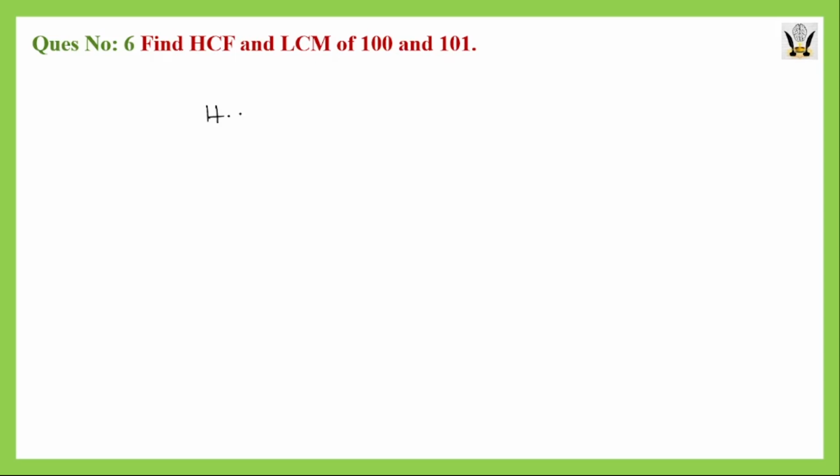So the HCF of these two numbers will be 1, and since there is no common factor, the LCM will simply be the multiplication of these two numbers. That means it will be 101, then 2 more zeros after that.